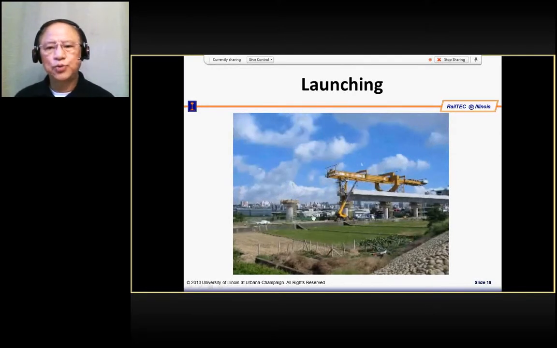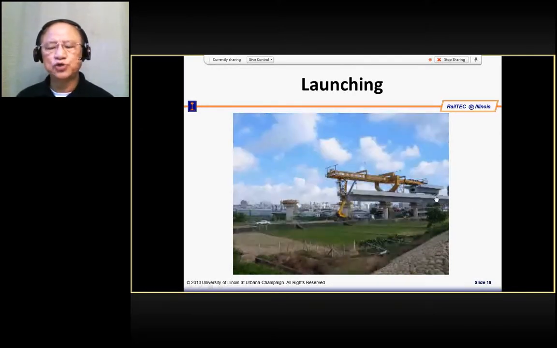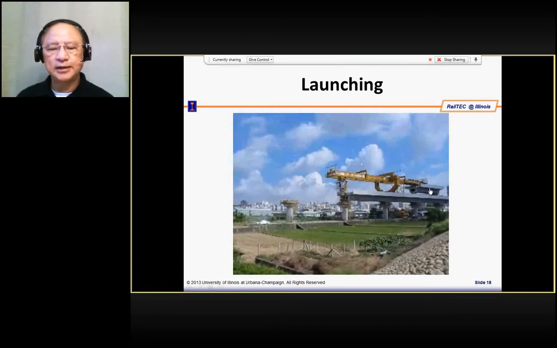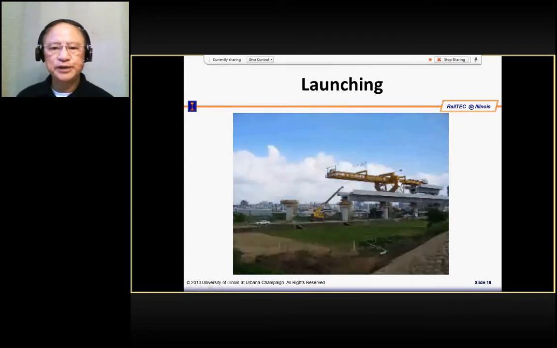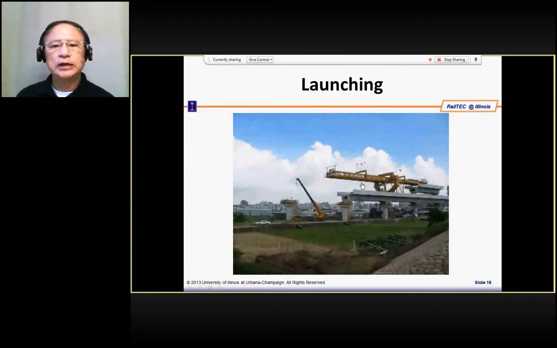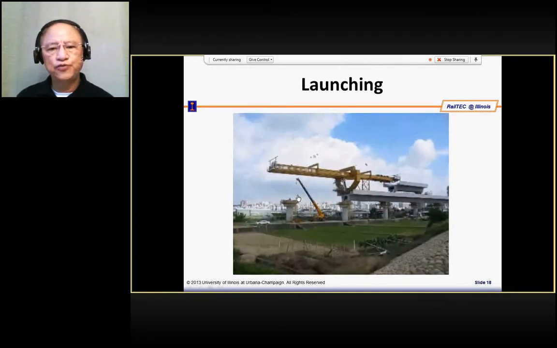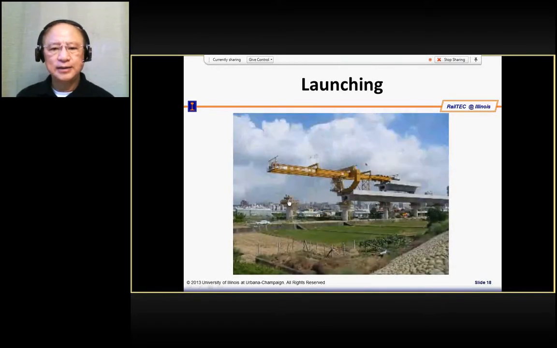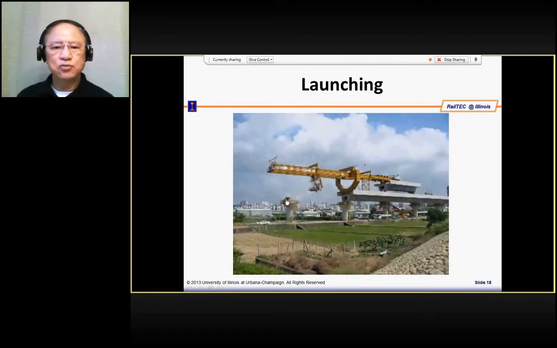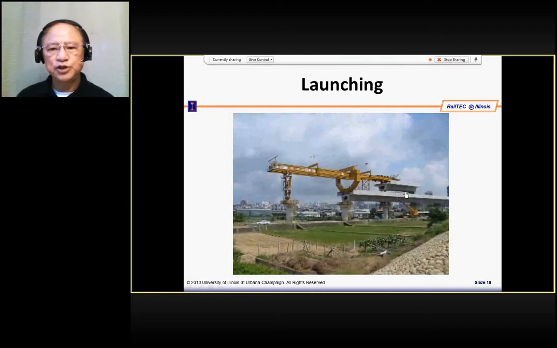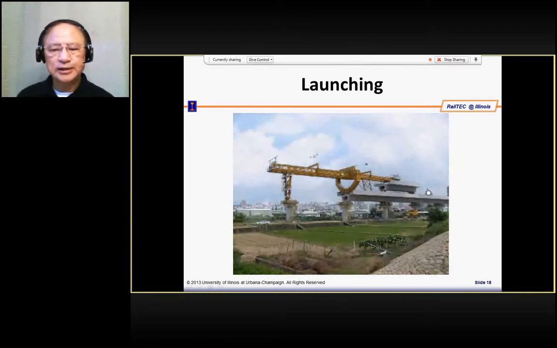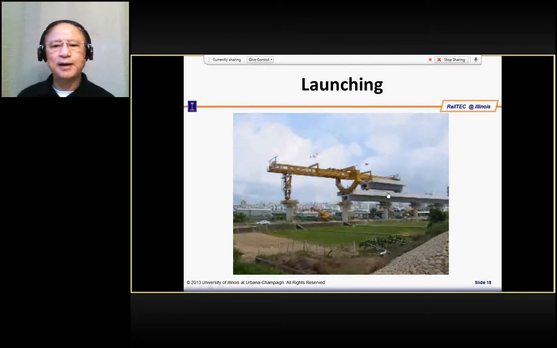Okay, so what we see is the transporter transported the girder in at this point, and then the launching machine moves out and stands in position, and then the launching machine starts to pick up the girder.